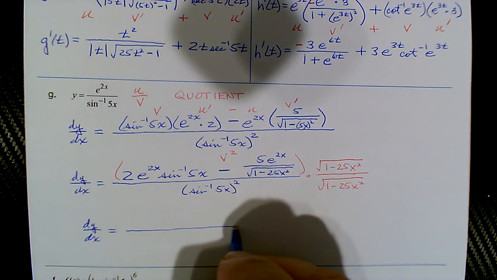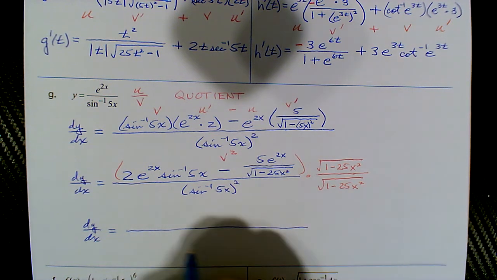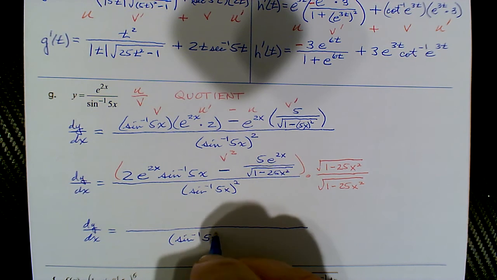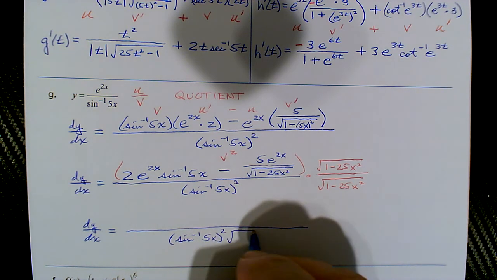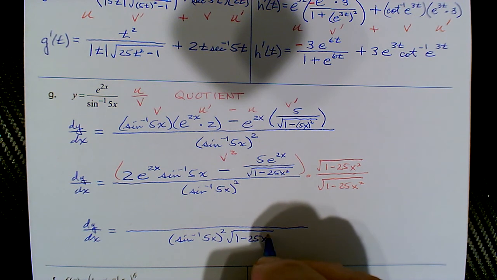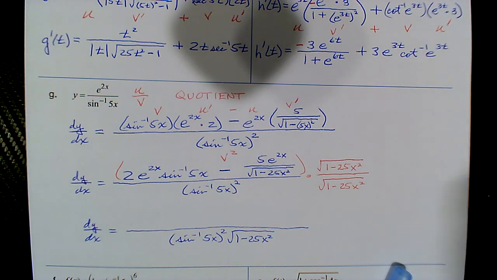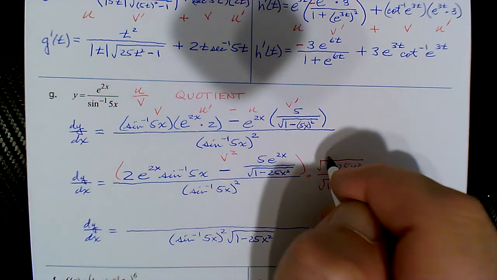Essentially what happens in the denominator of the fraction is this inverse sine of 5x that's being squared is just now joined by the square root of 1 minus 25x squared.